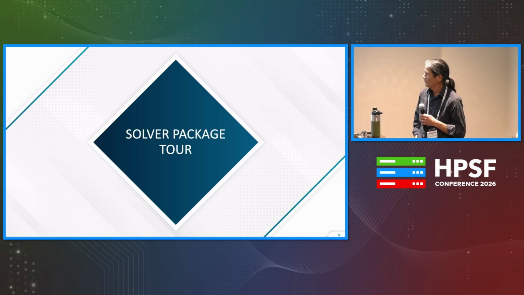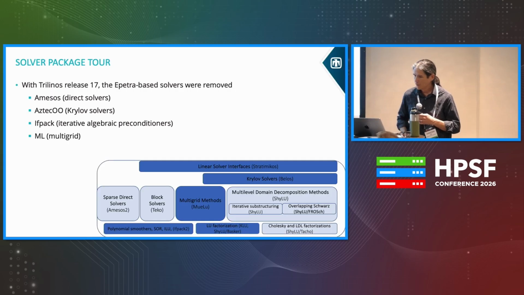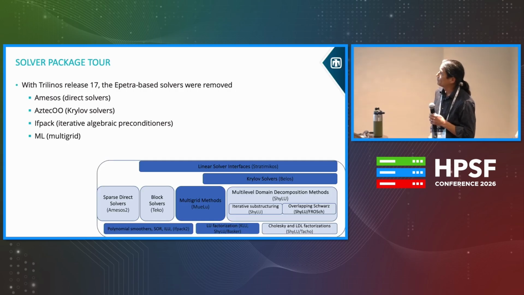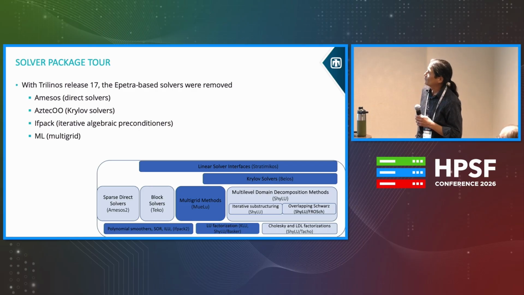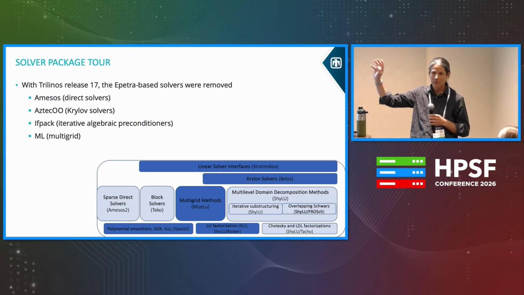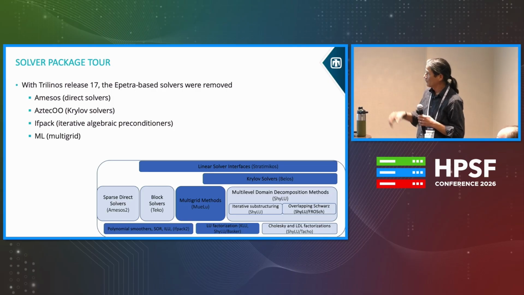All right, so I do want to just jump into a tour of the solver packages inside of Trilinos. I do want to mention first, Kurt already said this, but the Epetra solvers are no more with Trilinos 17. So in particular, Amesos, AztecOO, Ifpack, and ML, and that is multi-level, not machine learning, are no longer part of Trilinos as of 17.